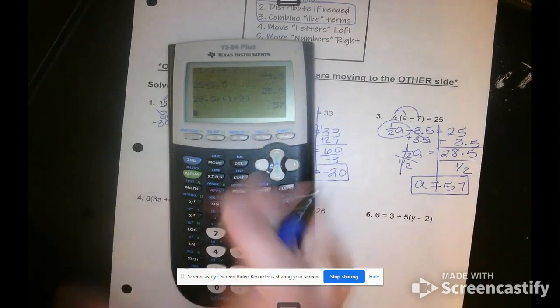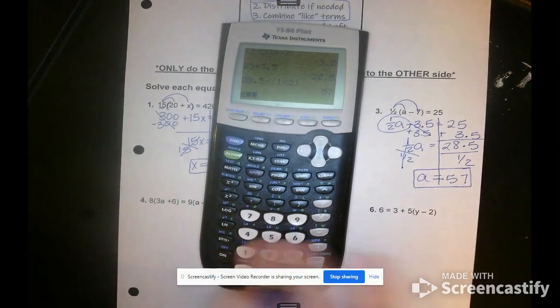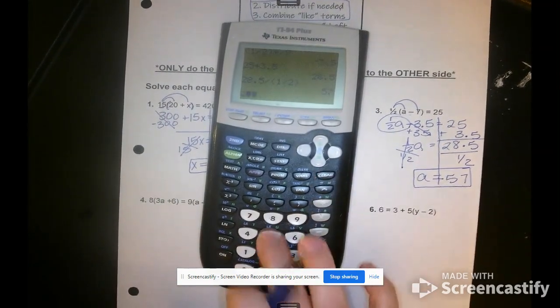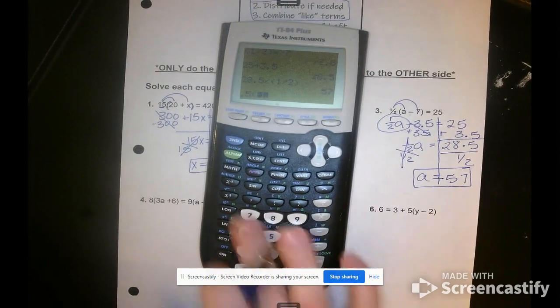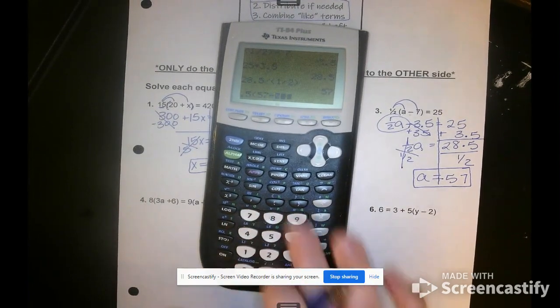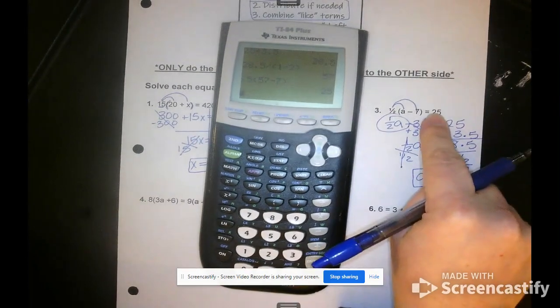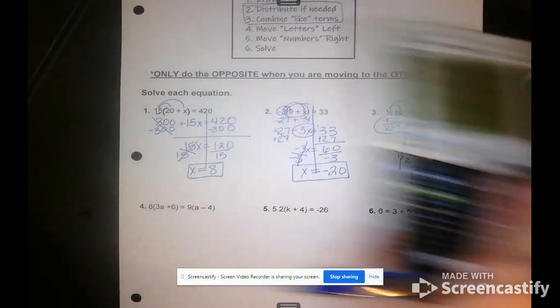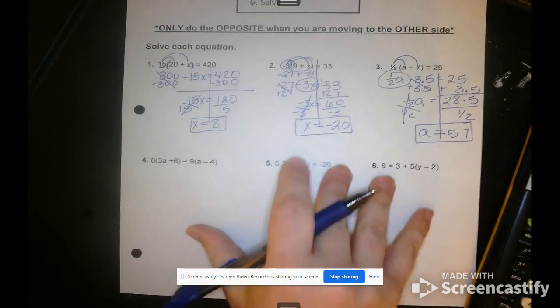Could I plug that in? I could do 1/2, or in this case, I'll just do 0.5, open my parentheses, 57 minus 7. Did it give me 25? Yes.